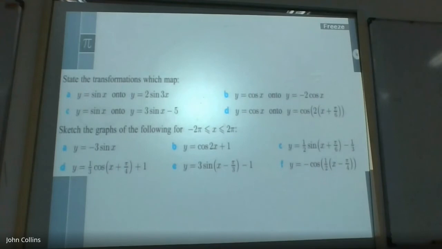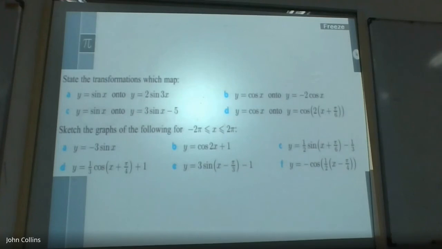Sine x is the original function. Our new one is y is equal to 2 sine 3x. What transformations have happened? Vertical stretch, scale factor 2.